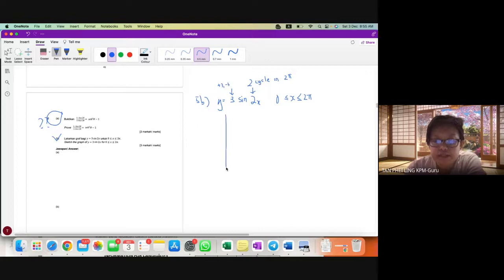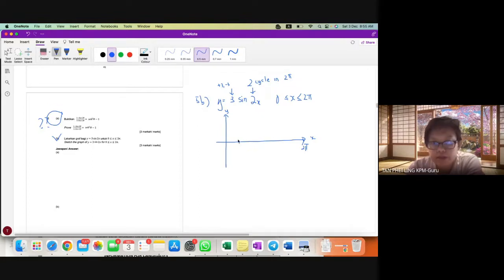So let's start. Having a sine will be like that. 1, 2, until I come to here, label 2 pi. So this is your x. This is your y. Is that okay? I redo, my line doesn't really look nice.